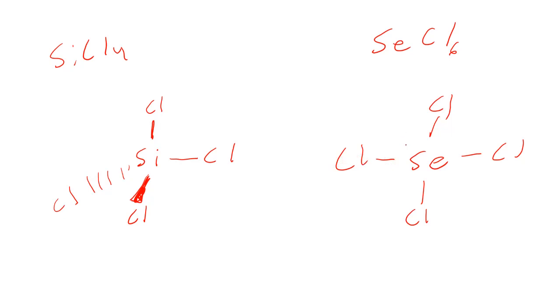And then we're going to have one of our chlorines pointing out towards us, and one of our chlorines going away from us. Okay, so that's how you're going to draw your molecule in 3D. Anything that's in the plane goes on a straight line. Anything that's pointing towards you goes on a wedge, and anything that's going away from you goes on a dash.